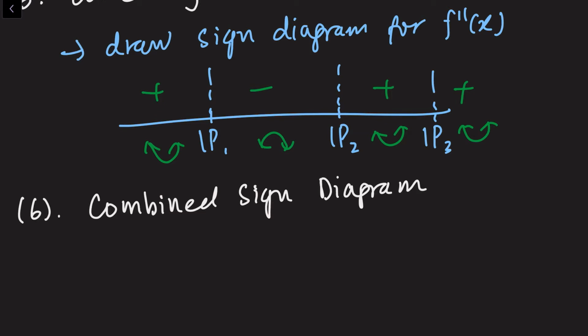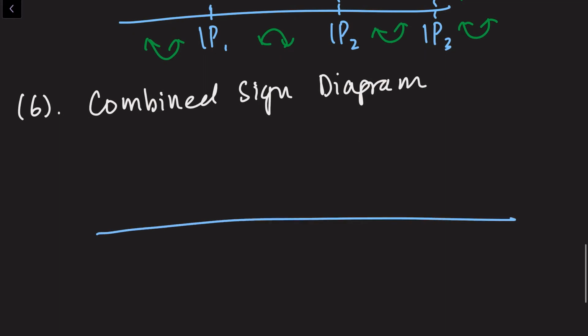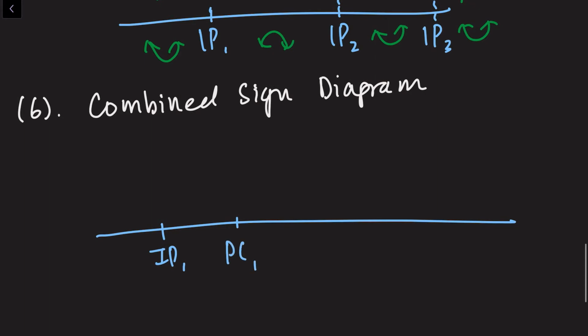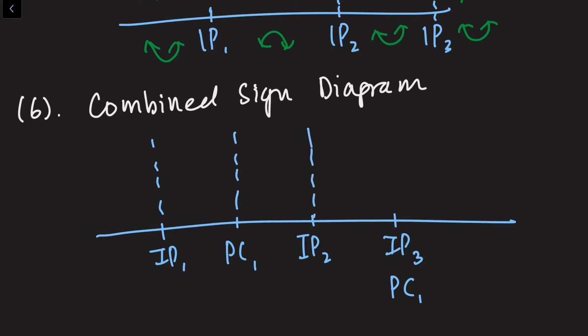Okay, then you just draw a number line and then you label all the points, or maybe your inflection point 1 is here, your possible critical 1 is here, then your inflection point 2 is here, inflection point 3 is here, inflection point 3 is also your possible critical 1. Okay, then you just make them into a few partitions.